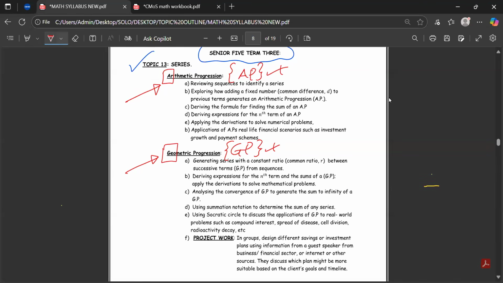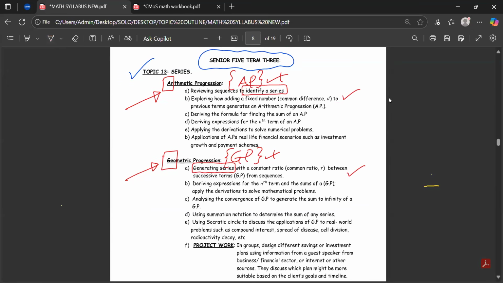Basically, you realize the very first learning outcome that is supposed to be unpacked is how series that are progressing arithmetically should look, and how series progressing geometrically should be represented. But we are going to follow our pace.